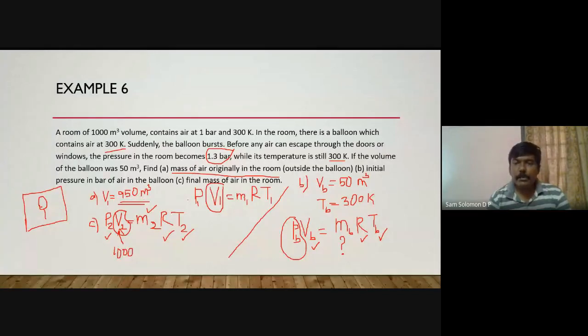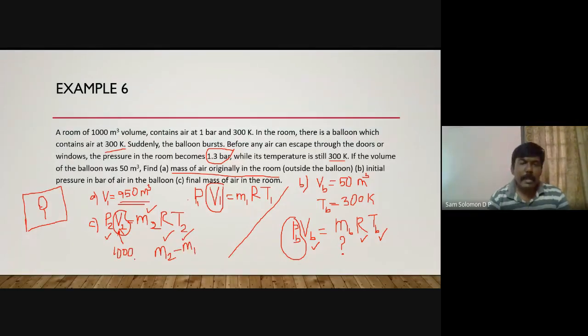Subdivision A gives you the mass of air inside the room before the balloon bursts. M2 is the mass of air inside the room after the balloon bursts. So M2 minus M1 will give you the mass of air inside the balloon.